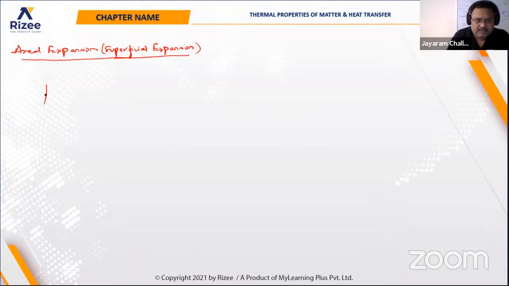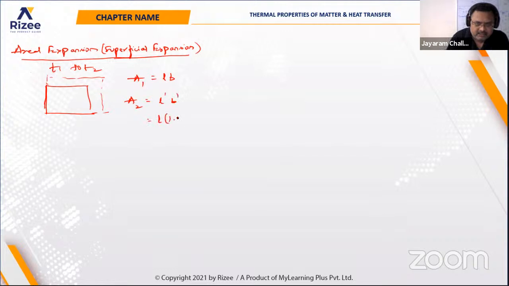If you take any particular area and raise the temperature from T1 to T2, the area increases, since both its length and breadth increase. The initial area is L into B, and the final area A2 is L dash into B dash. L dash is L into 1 plus alpha into delta T, and B dash is B into 1 plus alpha into delta T.